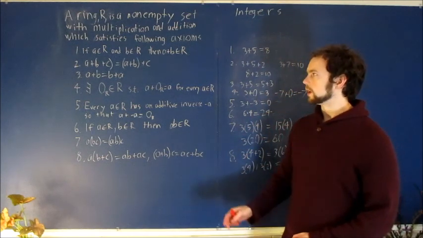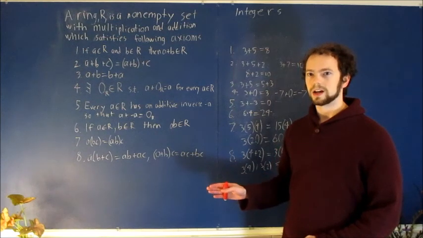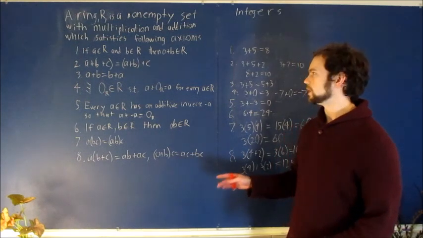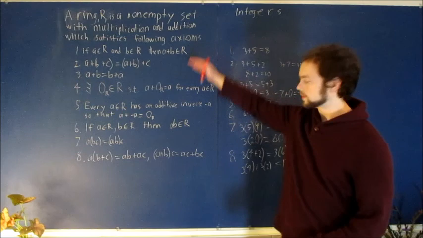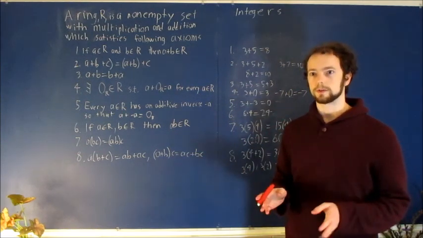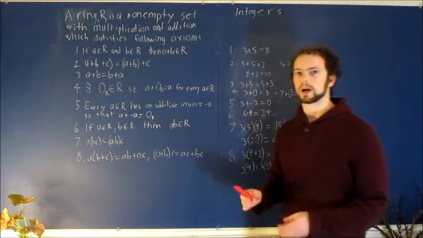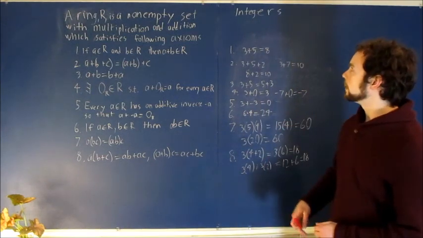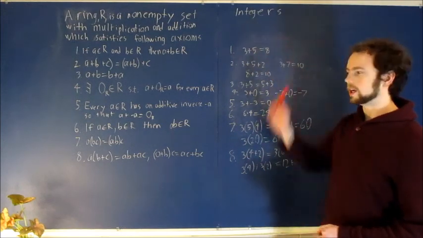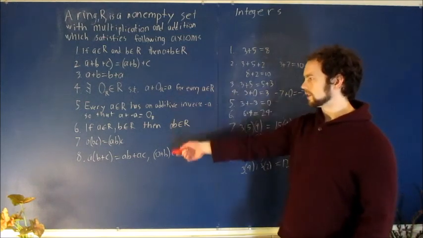Now, there are a couple of extra properties that rings often have but don't necessarily have to have. This is the bare minimum to be a ring, but a lot of rings have other very useful and important properties. You may have noticed that the set of integers also has some properties that are not listed here.